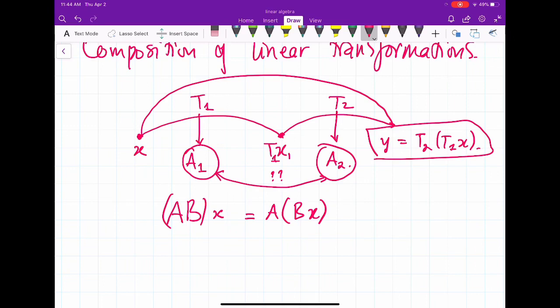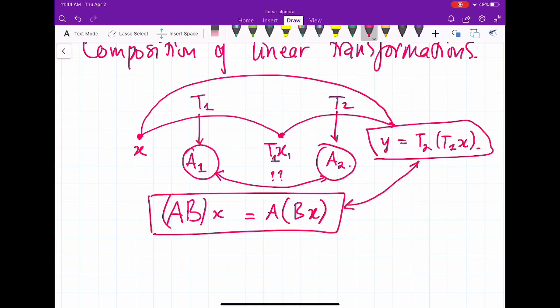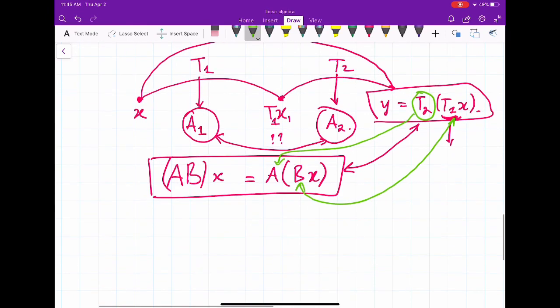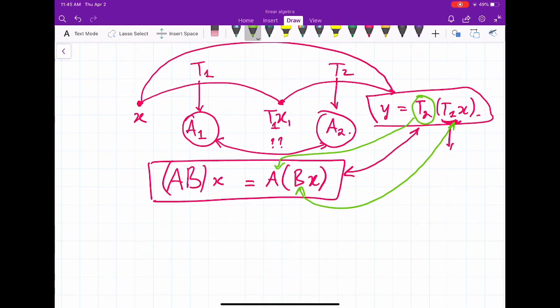That is just A(Bx). Make sense? So if you compare this form and this form, for T1(x) I would have B right here, right? And T2 is corresponding to A. So if you want to use the matrix product to realize the composition of two linear transformations, you would do the following product.